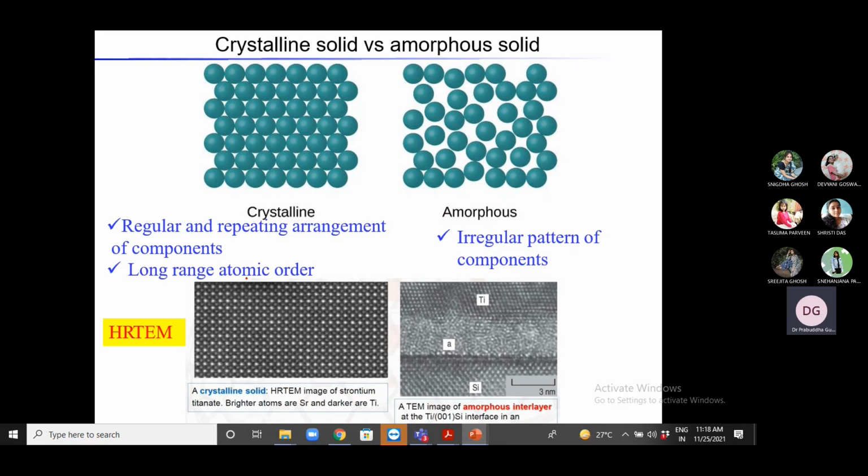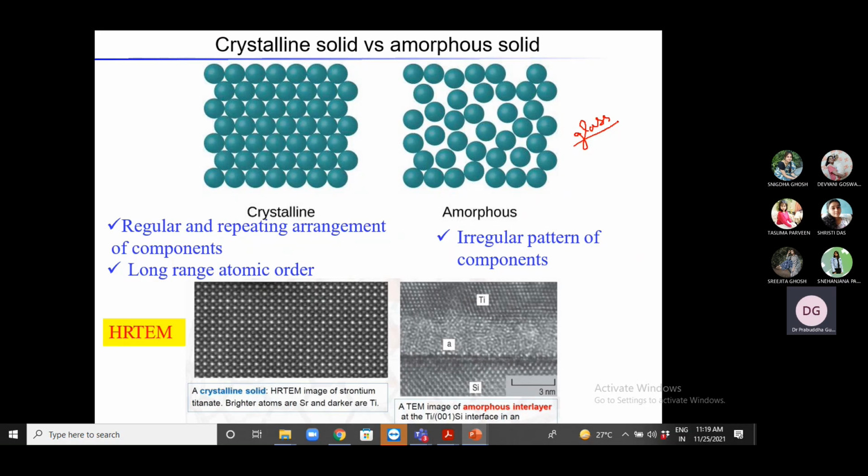So these are crystalline solids, and there are some solids where it will not be millions of layers, but a few hundred layers, and in some cases the units of the solid will be totally arranged in an irregular manner. One common example is glass. Glass is a solid, but it is made up of silicon oxide, something like that.